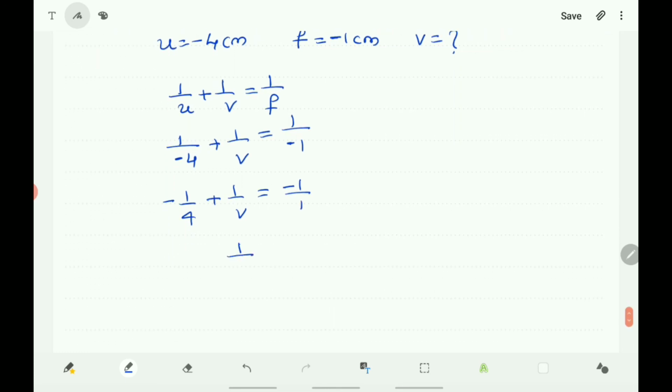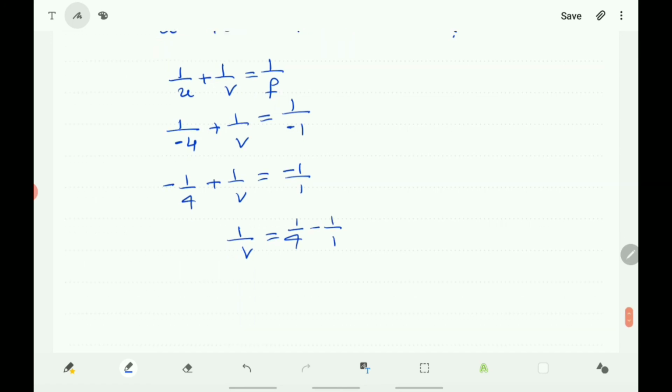Then 1 by v is equals to, you take minus 1 by 4 to the RHS, that is 1 by 4 minus 1 by 1.